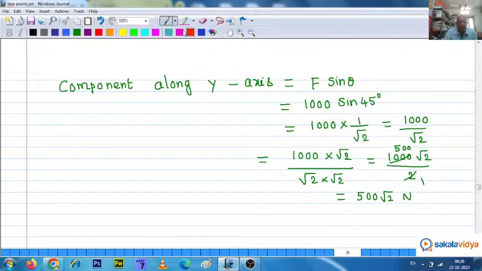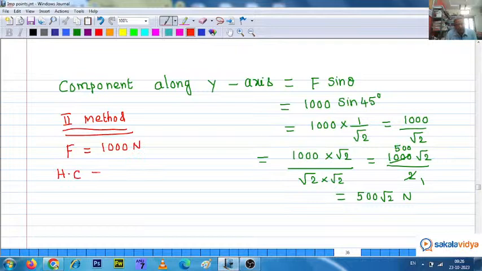Now directly, how to do? This is the second method, which we can do directly. While doing objective type questions, F is given, directly write down F, that is 1000 newtons. Next, horizontal component is equal to F cos theta, that is 1000 into cos 45.